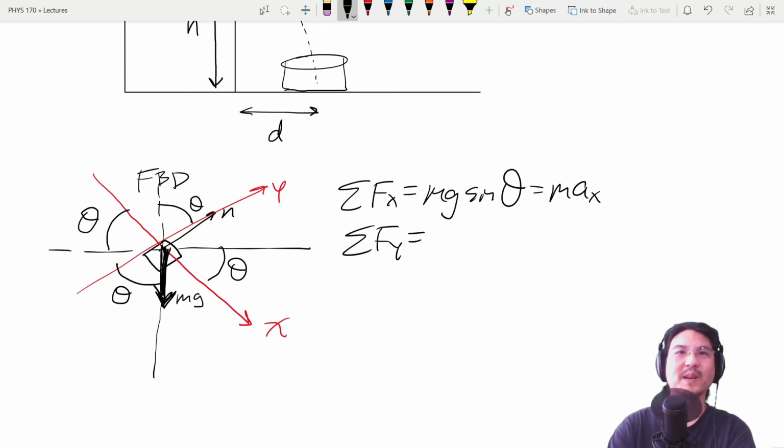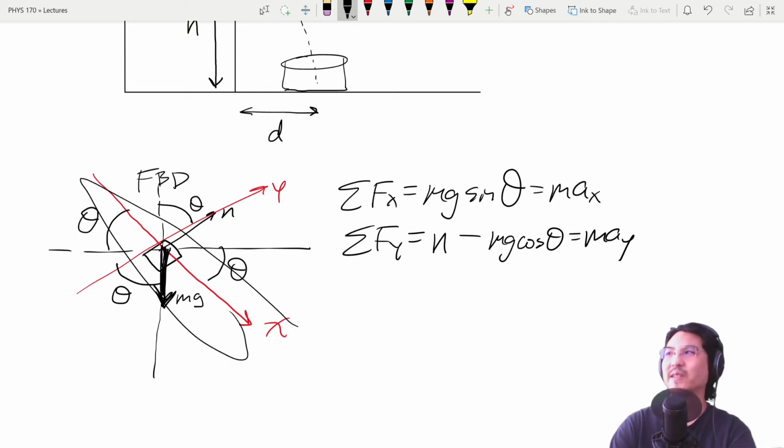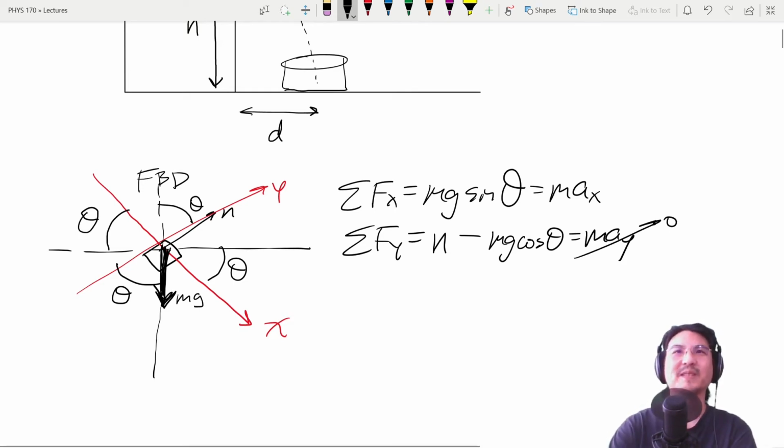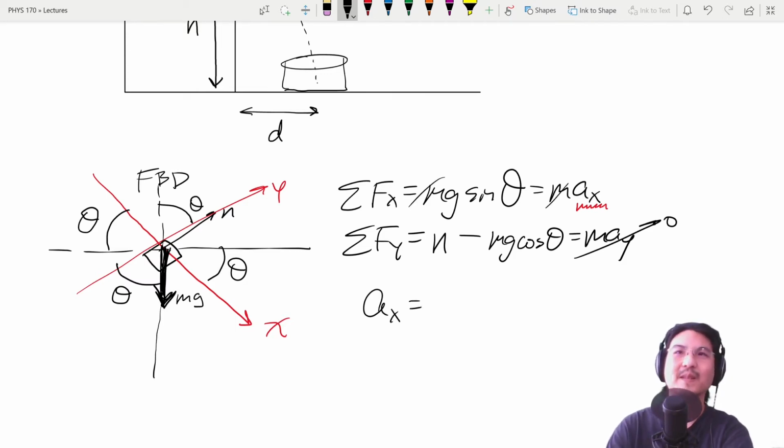Then in the y direction, I have N and negative mg cosine theta, since the y component is adjacent to the angle. That equals mass times acceleration. The way I picked my coordinates, it's moving in the x direction, so there's no motion in y, and I can cross this out. But really all I was after was this acceleration, so I'm going to solve for it. Well, m cancels here.